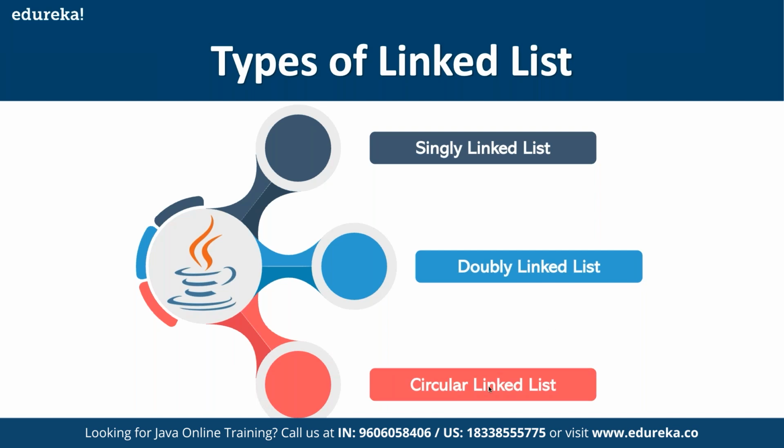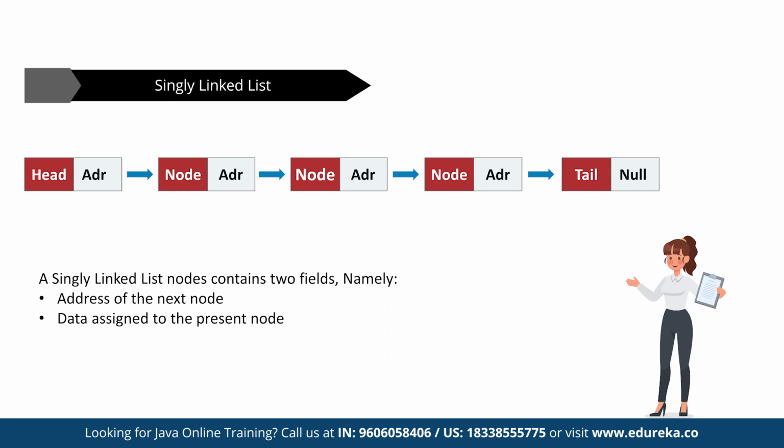If we talk about the singly linked list, we have one head, then multiple nodes attached, with the last value as null. A singly linked list contains two fields: the address of the next node and the data assigned to the present node.